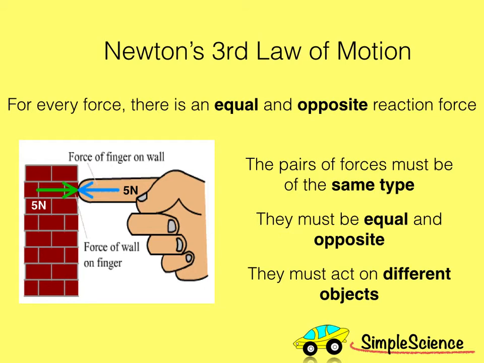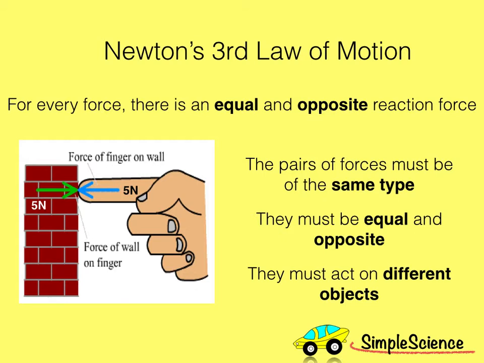So the force which the finger applies onto the wall should be the same type as the force which the wall exerts onto the finger. But I'd recommend you to say that the force with which the finger pushes onto the wall is an electromagnetic force.